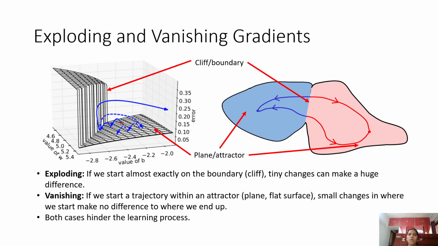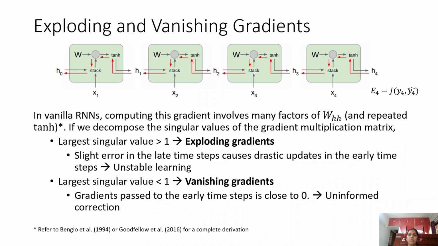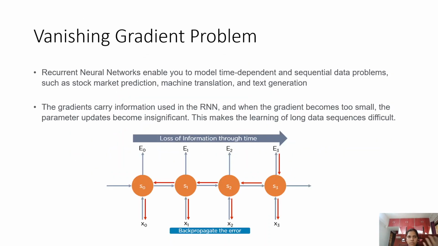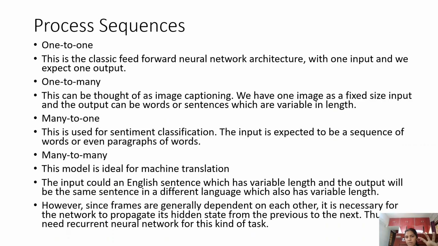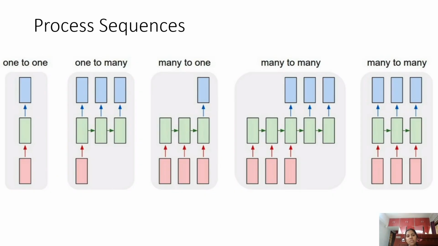This is how the exploding and vanishing gradient problems are shown in a graph. You can go through this and you can immediately get it. As a summary, we have seen how RNN processes long sequential data, how it memorizes the previous input and forwards it.